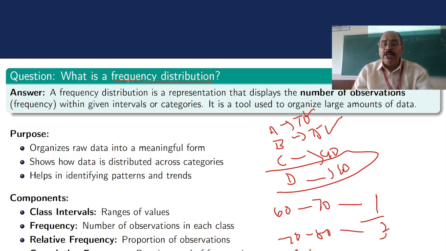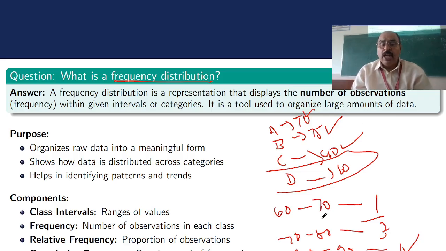80 to 90, again I have only 1 student. That is C. So I have represented the entire data set in terms of a frequency distribution.